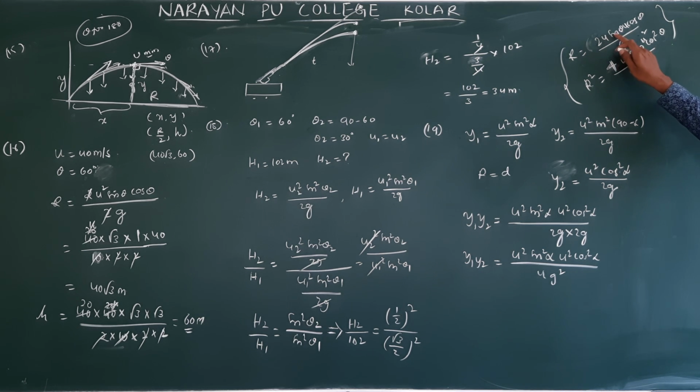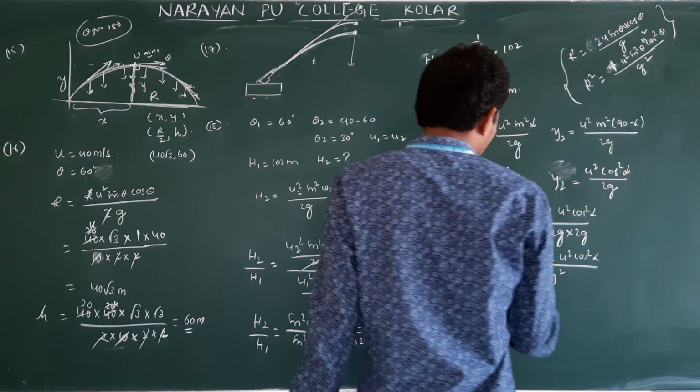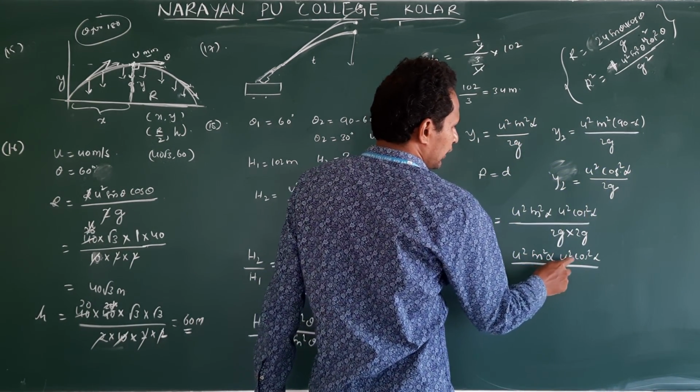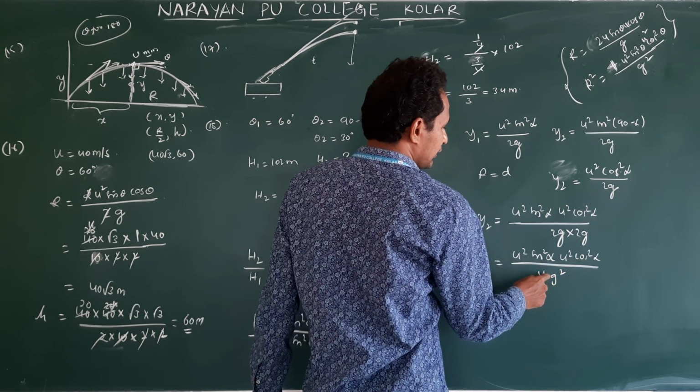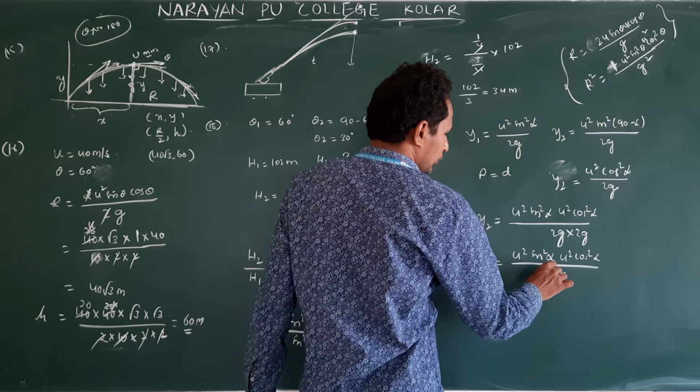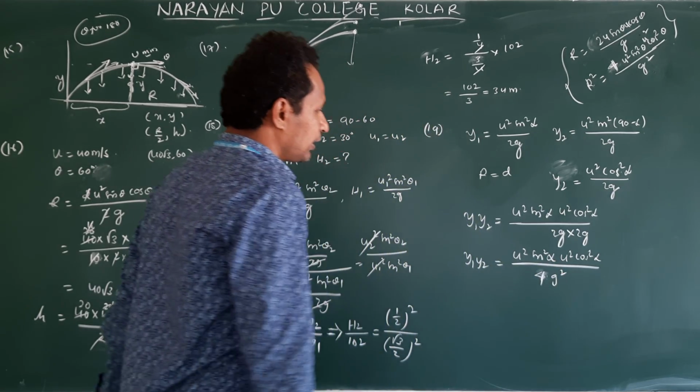Right? 2 u sin theta u cos theta by g, squared, is 4 u square sin square theta u square cos square theta by g square. All terms are there. u square sin square alpha is there, u square cos square alpha is there, by g square is there. And here we have an additional term 4. Am I correct or not?